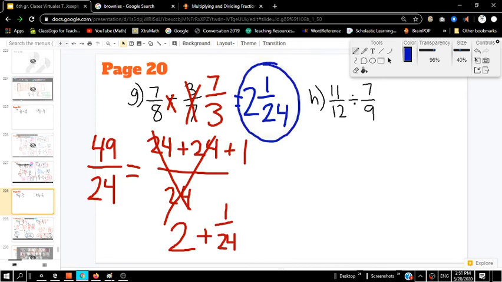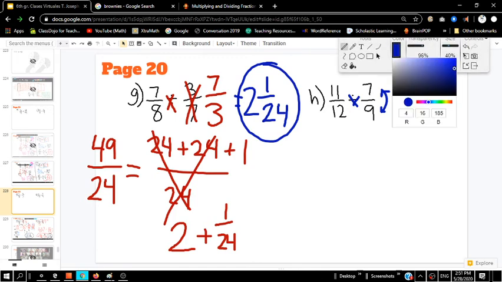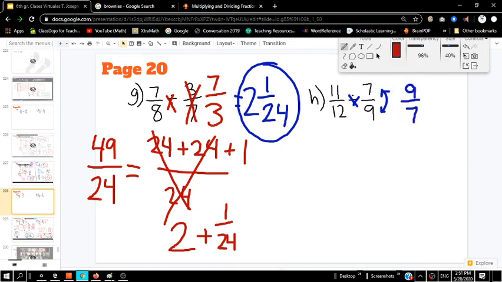Okay, let's do the last problem. Check your answers. We're going to multiply by the reciprocal, which is 9/7. 11 times 9 and 12 times 7. Can I simplify these even more? I sure can. I don't want those big numbers. Here are our numbers right here, 11, 12, 7, and 9. We can divide both 9 and 12 by 3.